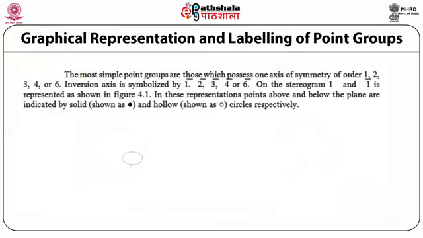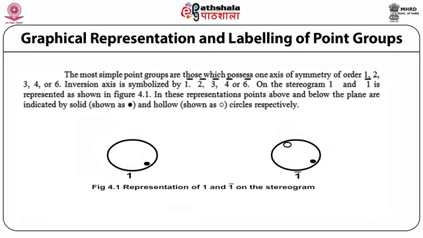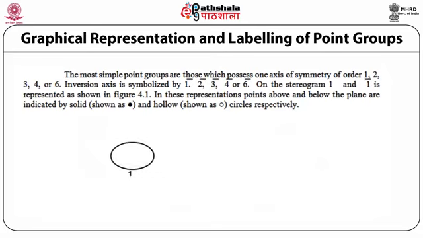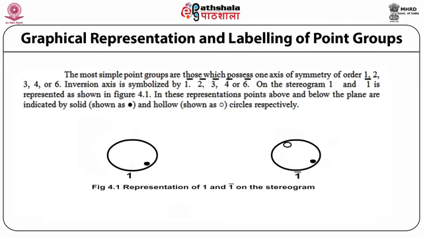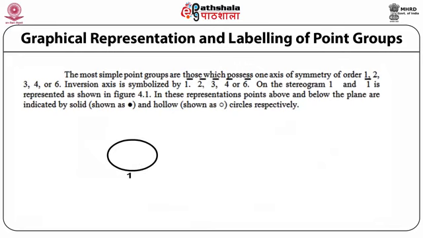The simplest point groups are those which possess one axis of symmetry of order 1, 2, 3, 4 or 6. Inversion axis is symbolized as 1 bar, 2 bar, 3 bar, 4 bar or 6 bar.